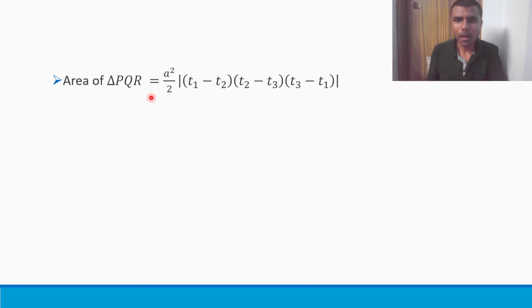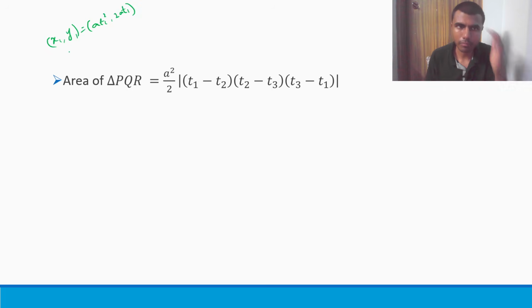Now if you observe, the area answer that I got is in terms of t, but my answer should be in terms of y. They asked 1 by 16 into basically y1, y2, y3, but here t1, t2, t3 is there. Now what to do? If you remember, I took x1, y1 as at1 square comma 2at1, in parametric form.